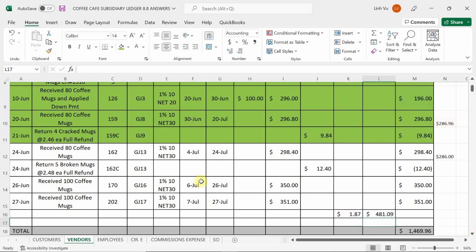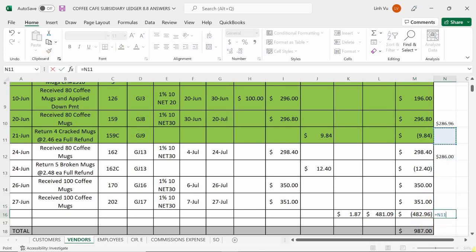You should pay a total of $481.09 to get you your grand total of $482.96. Let me see if you combine those two together, 482.96, yep. That's including both bills, 126 and 159. So now let's cut this check for $481.09.